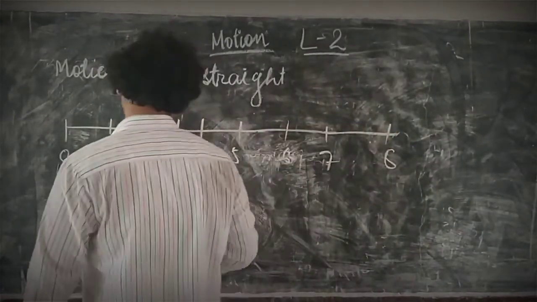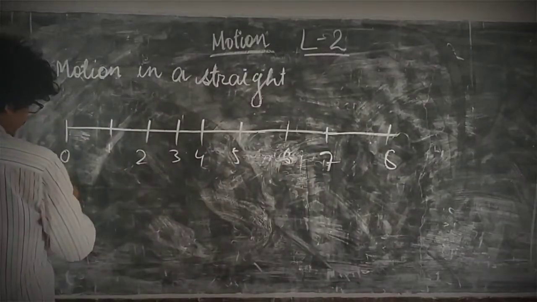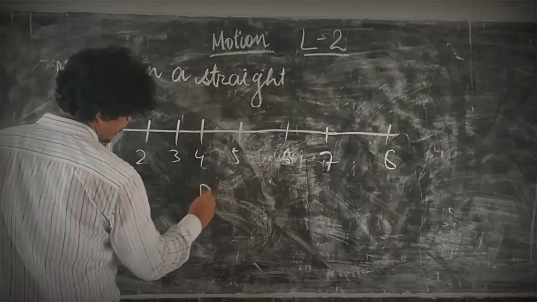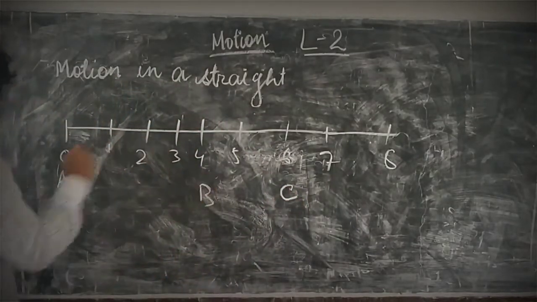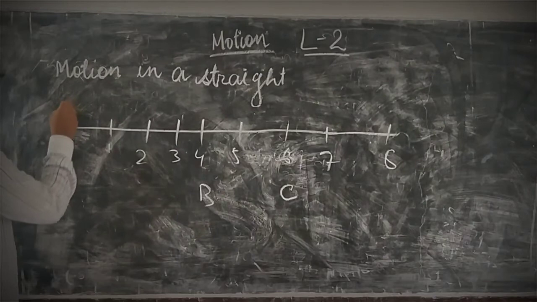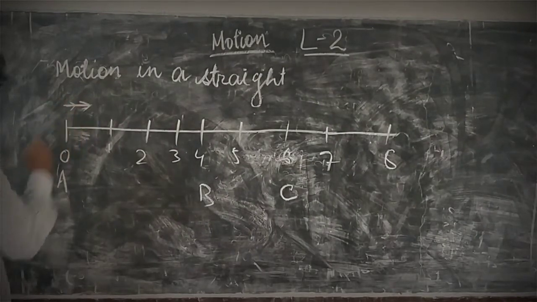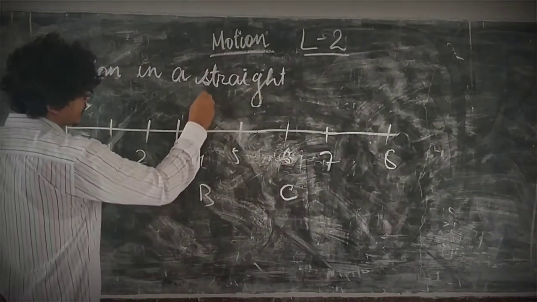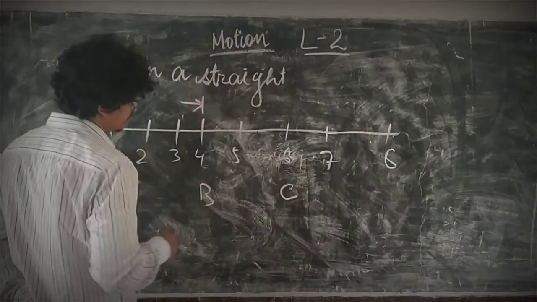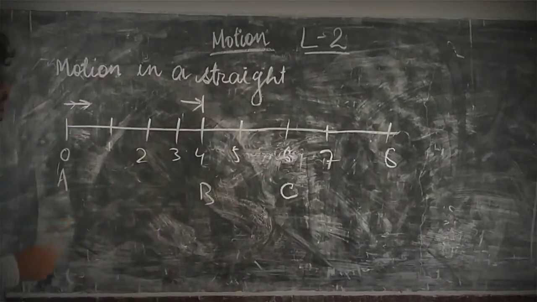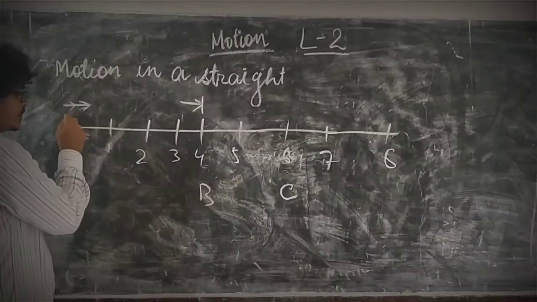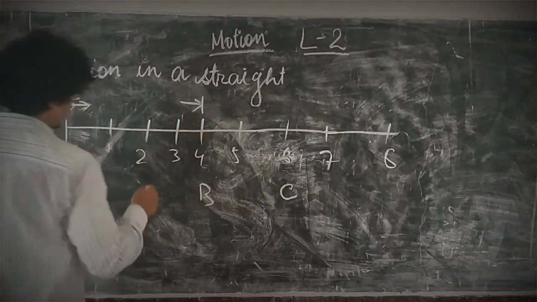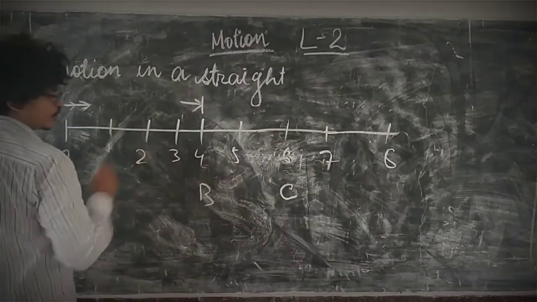Let us say 0 at A, 4 at B, 6 at C. Some person is starting from A and goes up to B. Then you can find that the person is going from A to B and the distance here is 4 meters.